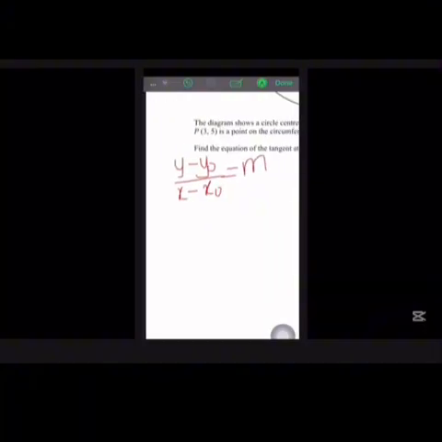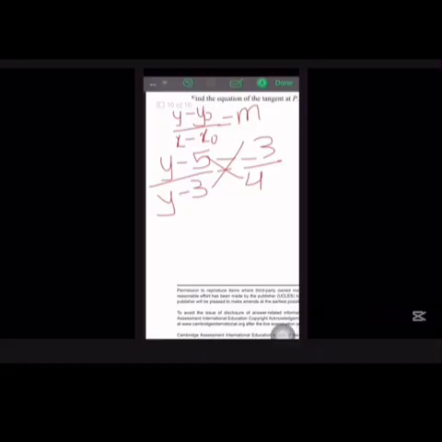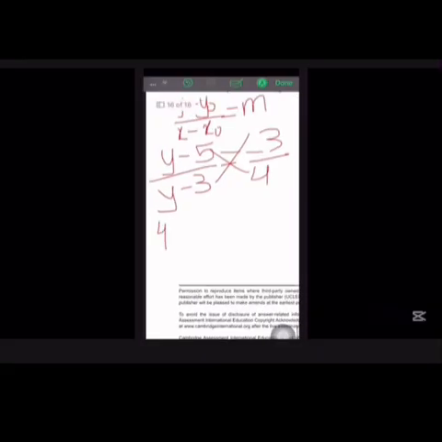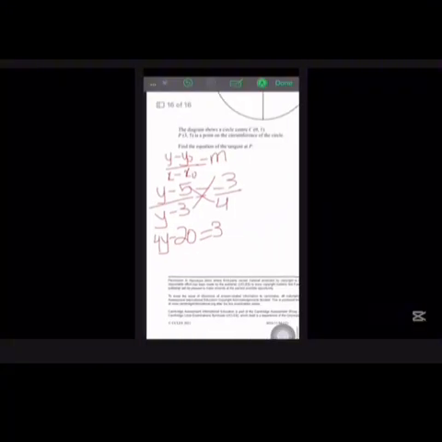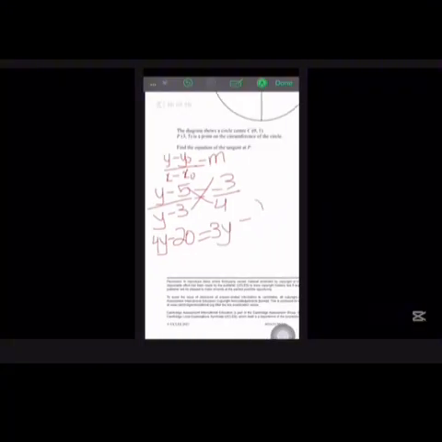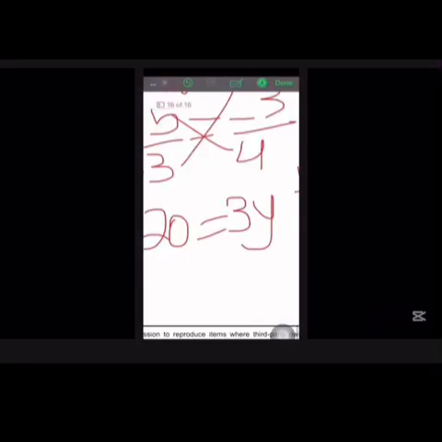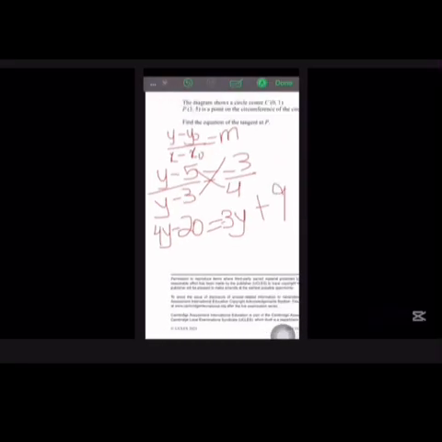We have the m which is minus 3 over 4 and the point is P here. So it will be y minus 5, x minus 3 and then the m is minus 3 over 4. So when you solve it, when you cross multiply it, the answer is 4y minus 20, equals minus 3x plus 9. It will be minus 3x.